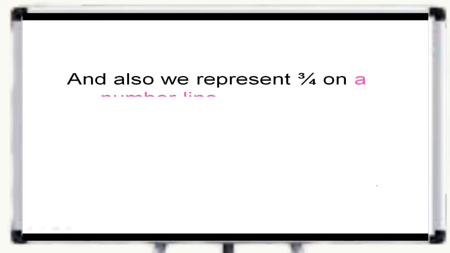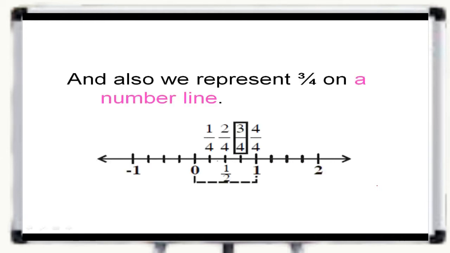And also we represent 3 by 4 on a number line. Look at this picture. Here this is a number line. We divide this number line into equal parts and take integers 0 and positive numbers 1, 2, 3 on the right side, and on the left side we take negative numbers -1, -2, -3.